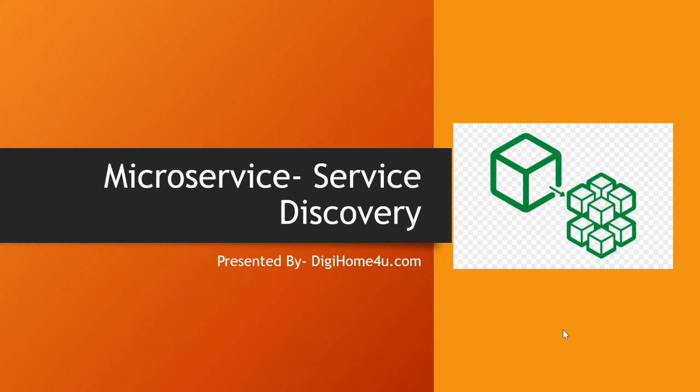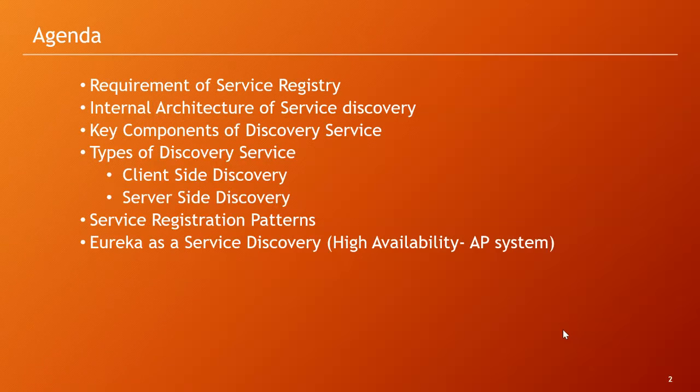So as part of this video, I'll cover these things. The very first thing I'll cover is the requirement of a service registry or a service discovery. Then we'll go into the architecture of how exactly service discovery is implemented, and the key components of a discovery service.